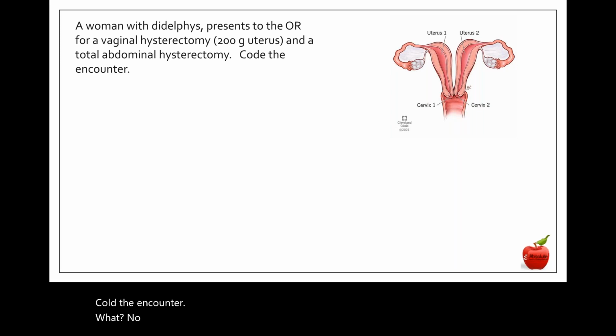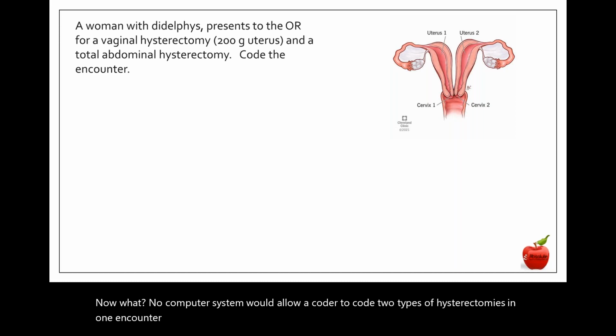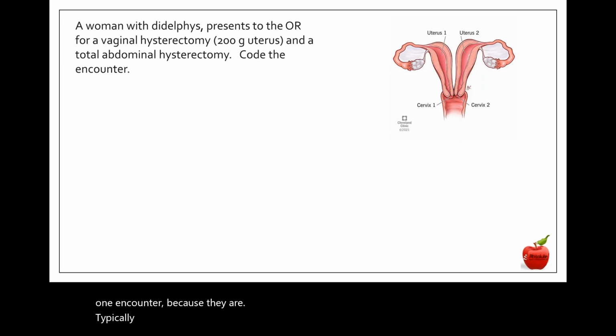Now, what? No computer system would allow a coder to code two types of hysterectomies in one encounter because they are typically mutually exclusive. However, when a patient has a rare congenital anomaly like Sophie, this surgery would be permitted.